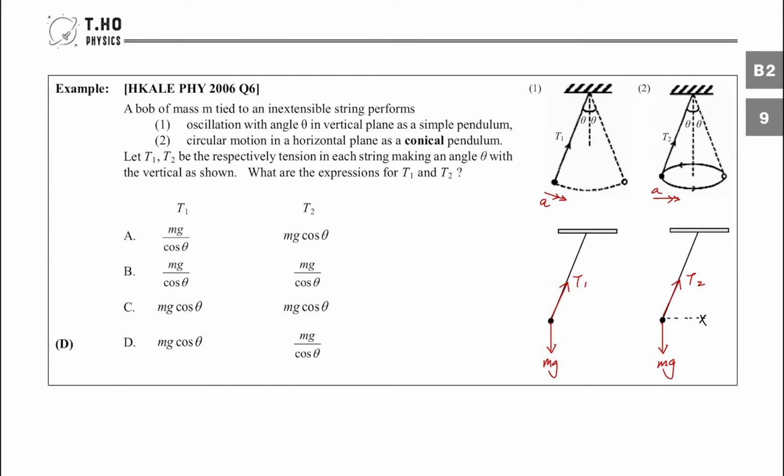Now let me give an example. On the left hand side, we have T1 and mg. And we know that the acceleration is actually along this direction. So basically, you can see that T1 is actually perpendicular to the acceleration. So we do not need to resolve this force.